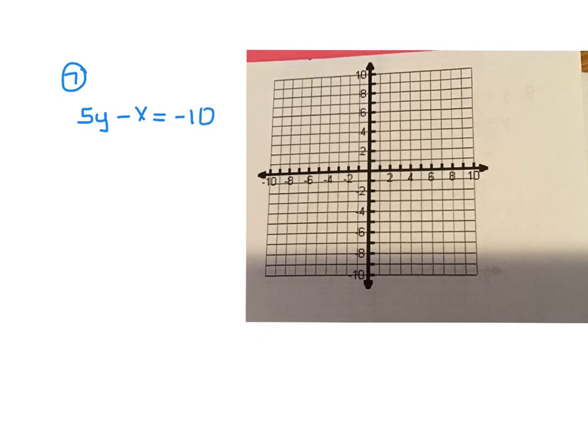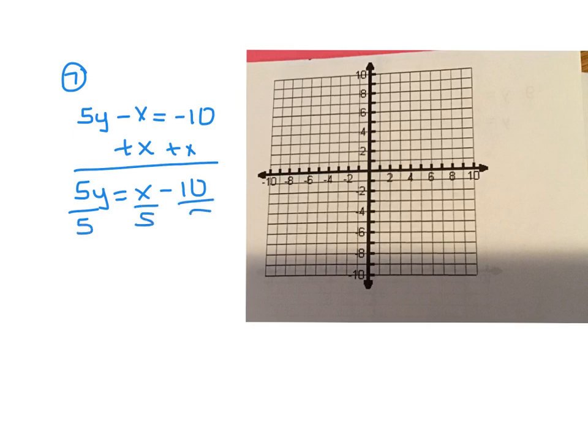For this one, add the x over. So you have 5y equals x minus 10. Divide everything by 5. y equals 1/5 x minus 2. And then you're ready. Slope, 1 over 5 or -1 over -5.